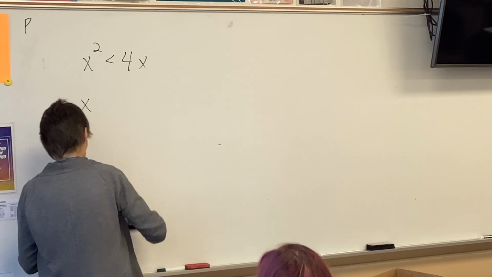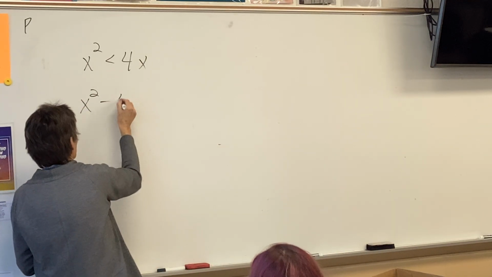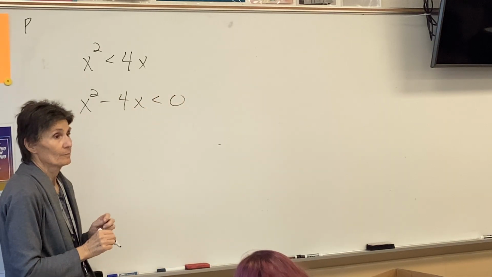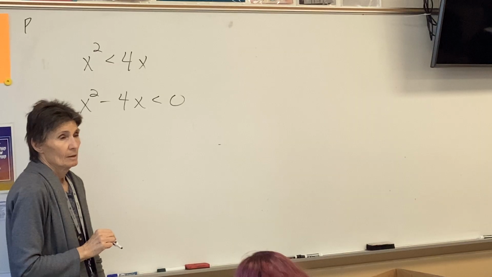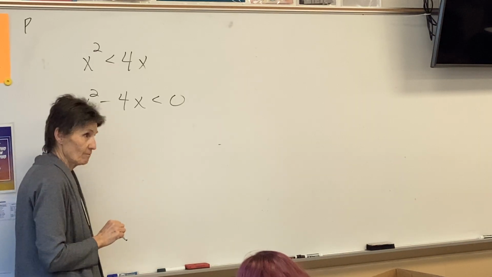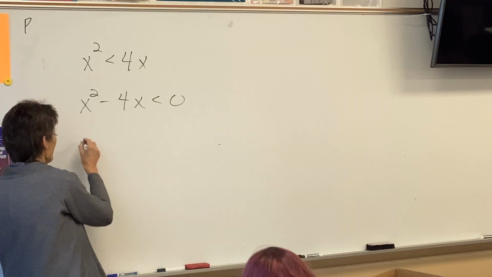Gotta get a zero. So x squared minus 4x is less than zero. I can factor out a GCF.